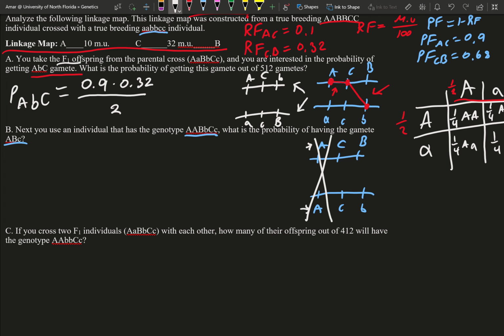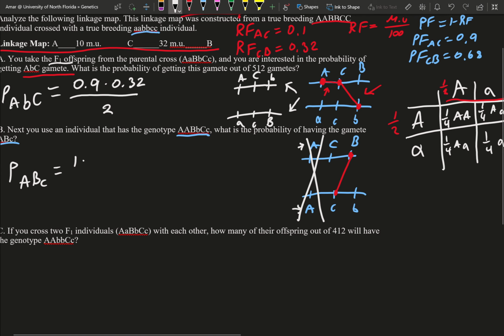So to figure out the probability of you getting big A, big B, and little c, to get big A, you have a 100% chance, right? To get big B and then little c, we're going to do a crossover event between those two.